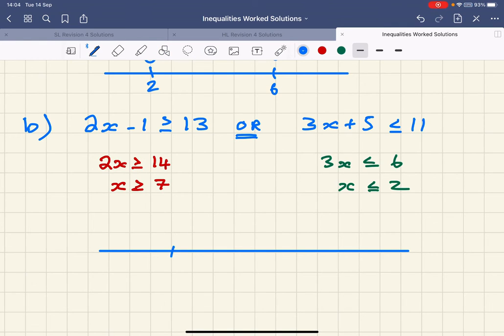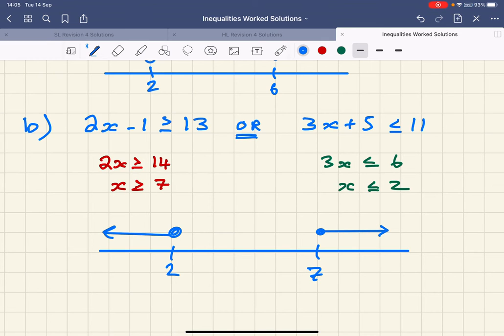So I've got 2 here and 7 here, and it's saying that it's greater than or equal to 7, so I need that one there closed off, and it's bigger than that, and it's less than or equal to, so I close that off and I go this way, 2.